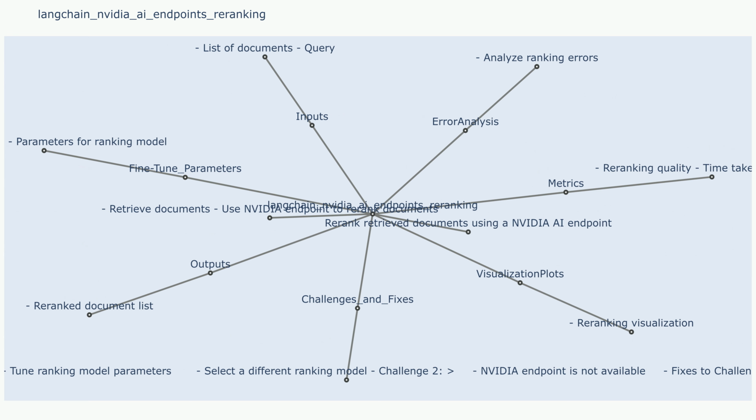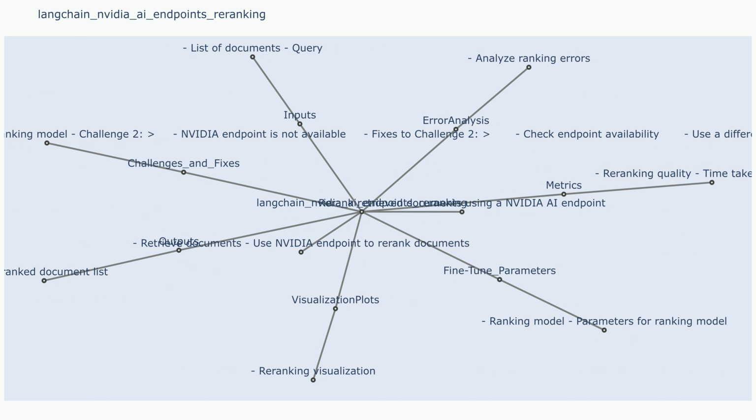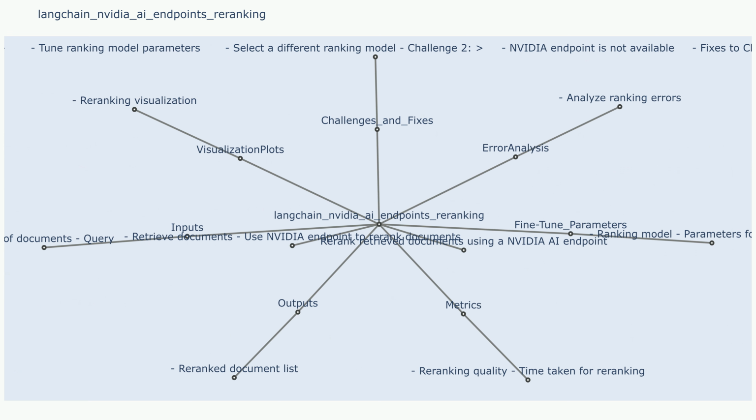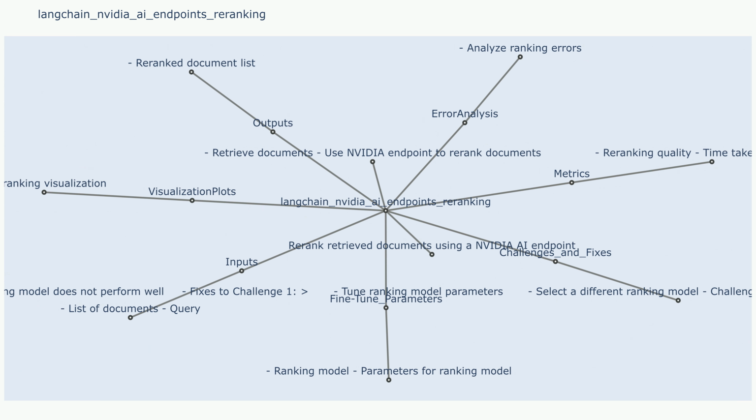Fine-tune parameters. Learning rate controls the speed at which the re-ranking model learns from the training data. Embedding dimension determines the size of the vector representations used to capture the semantic meaning of the query and documents. Number of layers influences the complexity of the re-ranking model, allowing for deeper analysis of the input data.